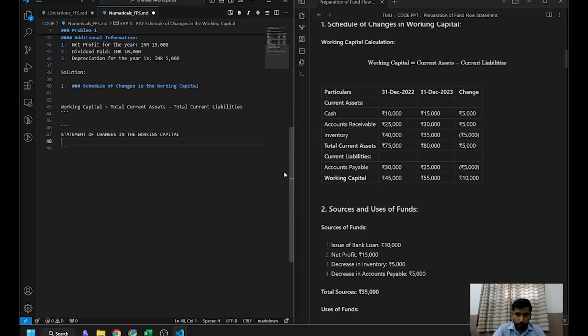First of all, particulars, then we have 31/12/2022, then we have 31/12/2023.